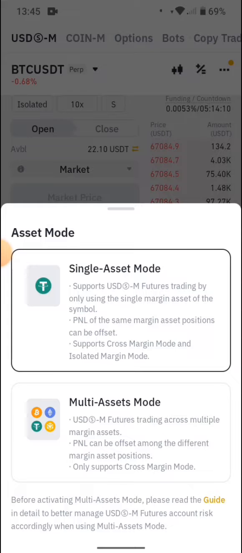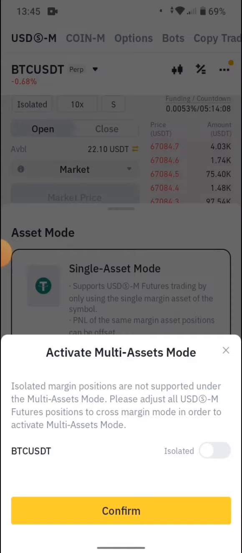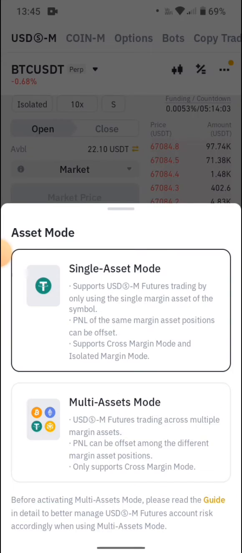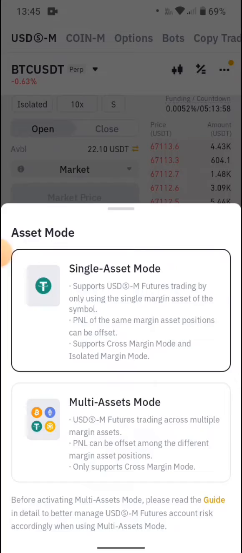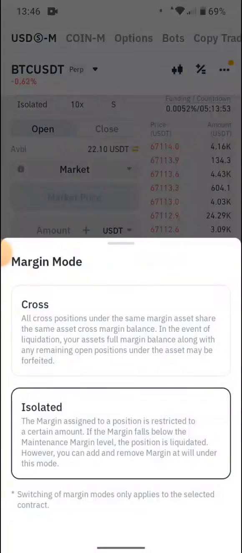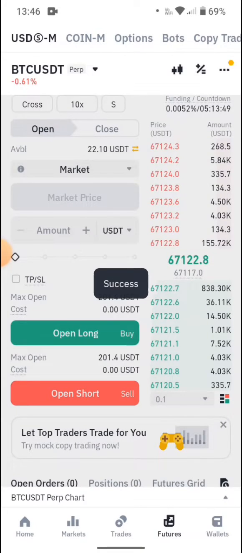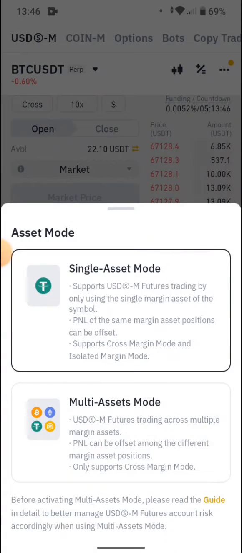But if you select the multiple asset mode, it only allows cross margin. You cannot use isolated margin when you are using multiple asset mode. You can only use cross margin.